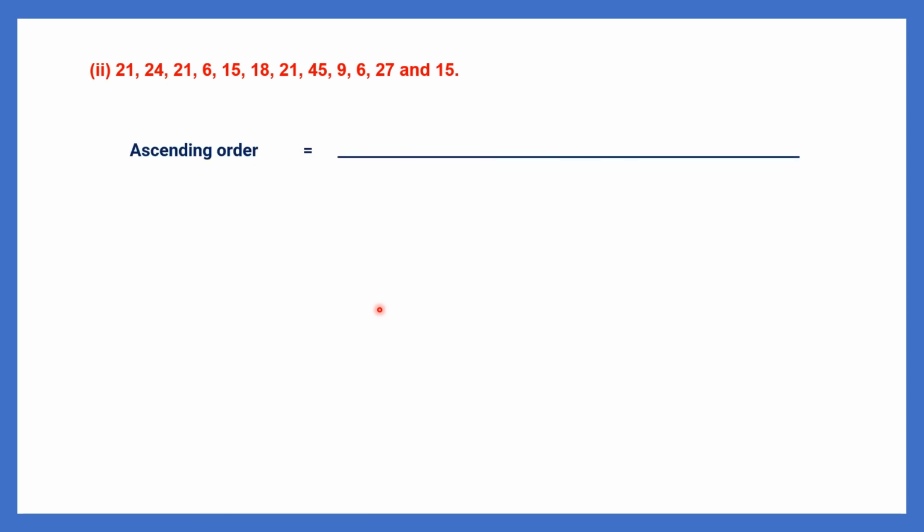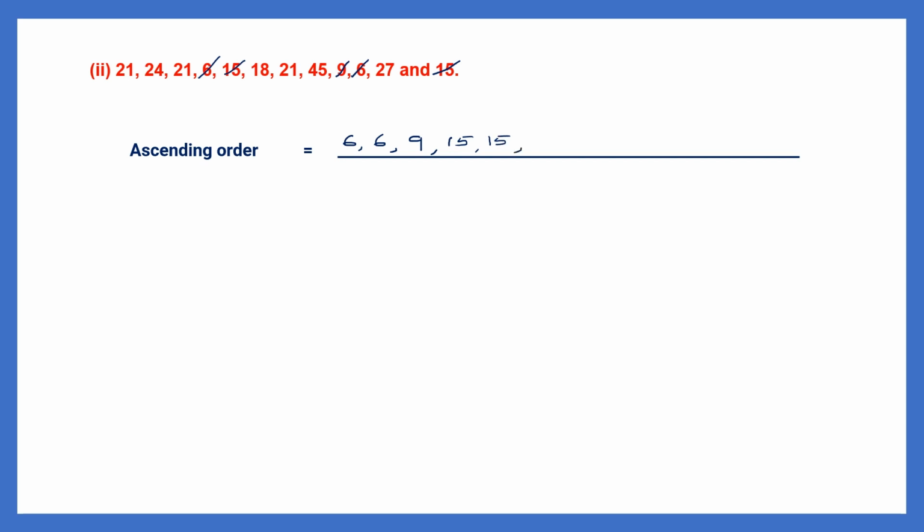So here let's begin by writing this in ascending order. Look for the smallest. The smallest is 6 and we have 2 there. So 6 and 6. Then what is the next number? We have 9 and we have only one 9. Then the next number, the smallest, let's go ahead and see. We have 15. Nothing smaller than 15. We have two 15s. So 15 and 15.